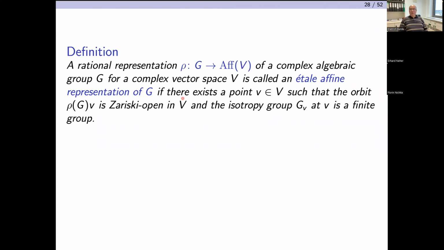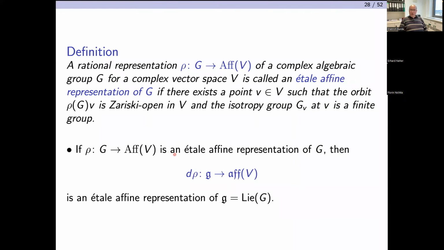And the definition is, we call it Etale affine if there exists a point in the space such that the orbit rho(g) applied to V is Zariski open, and the stabilizers are finite groups. And what you can do then is take the differential and show that this gives you a pre-Lie algebra structure on your Lie algebra, so an Etale affine representation of the Lie algebra. So working in this area gives at least examples of pre-Lie algebra structures.